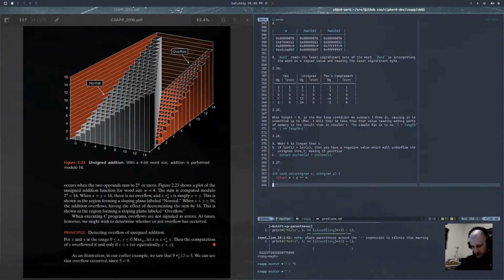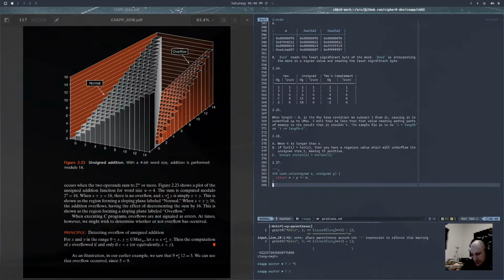Unsigned negation: for any number x such that 0 is less than or equal to x, which is less than 2 to the w, its w-bit unsigned negation is given by the following. Negative x is x if x is 0, and 2 to the w minus x if x is greater than 0. This is for unsigned.